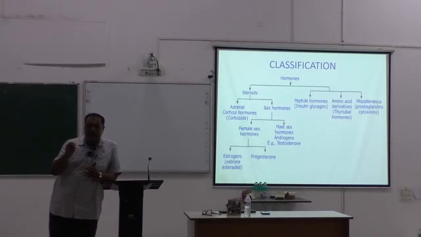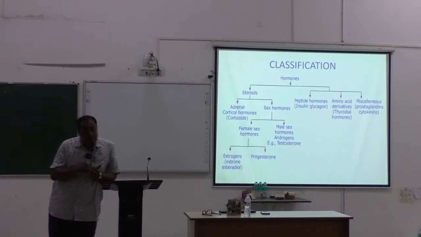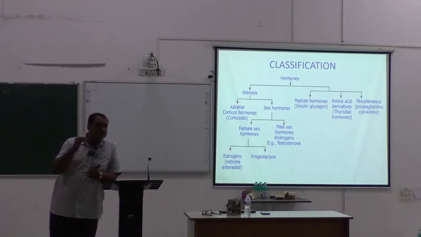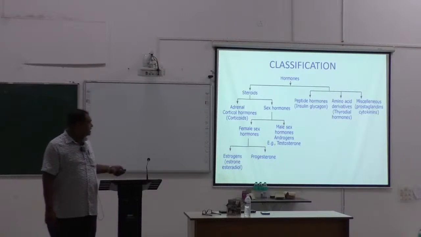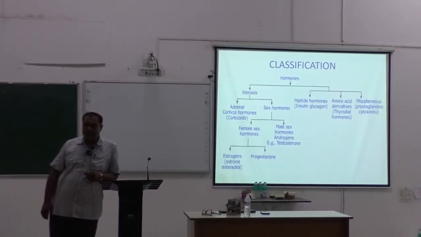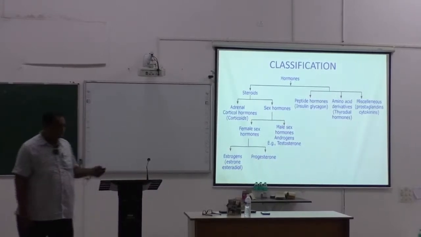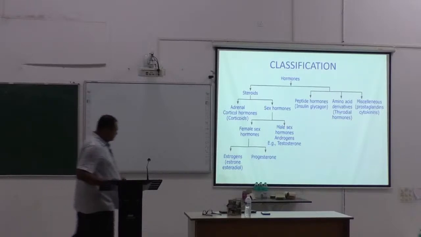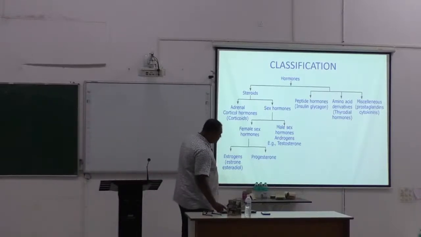So they are pharmacologically active compounds, right? Some functions resemble the function of hormones, hence some prostaglandins can be regarded as hormones. For example, prostacyclins, PGI2. So these are the chemical basis of classification.